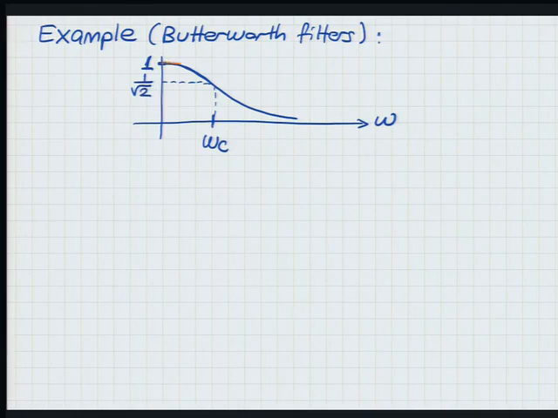A higher order one would be better in the sense that it will go sharper to zero, declining more sharply around the cutoff frequency. Does that make sense? So this has a sharper transition. To get a sharper transition, I'll have to have a higher order filter.